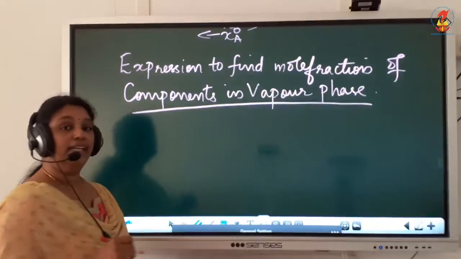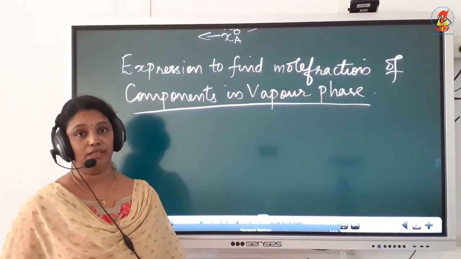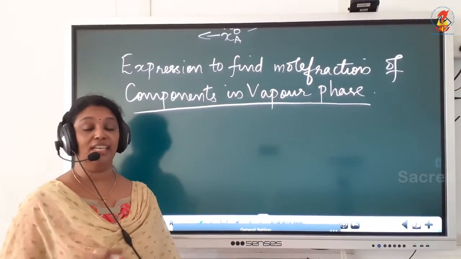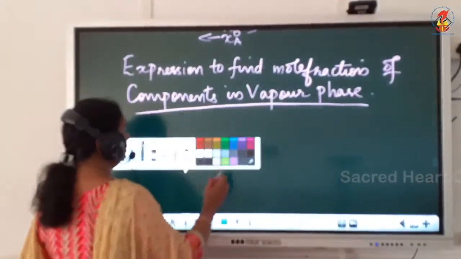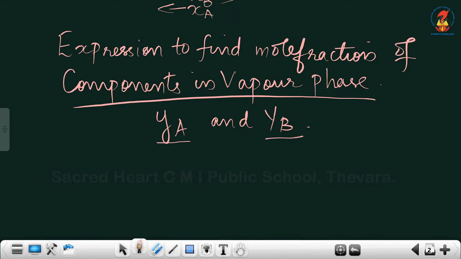Now you know that in liquid solutions we represent mole fraction with XA and XB. So let's represent the mole fraction of solute and solvent in the vapor phase with YA and YB. YA and YB represent the mole fraction of solvent A and solute B in the vapor state. Let PA and PB be their partial pressures.